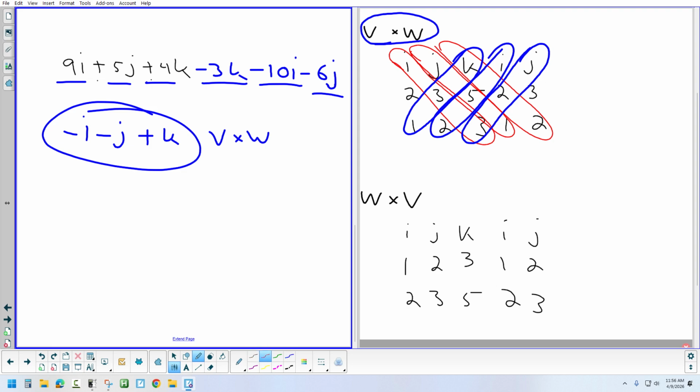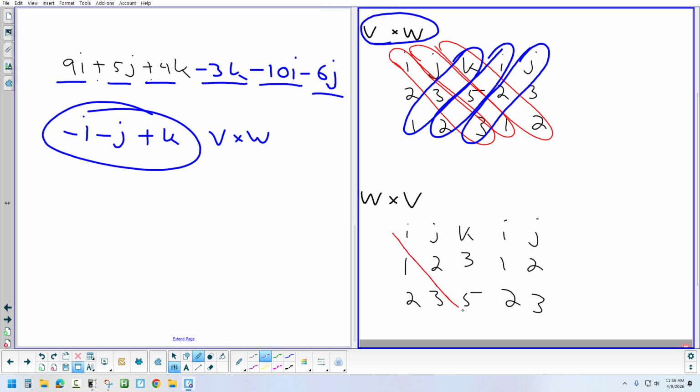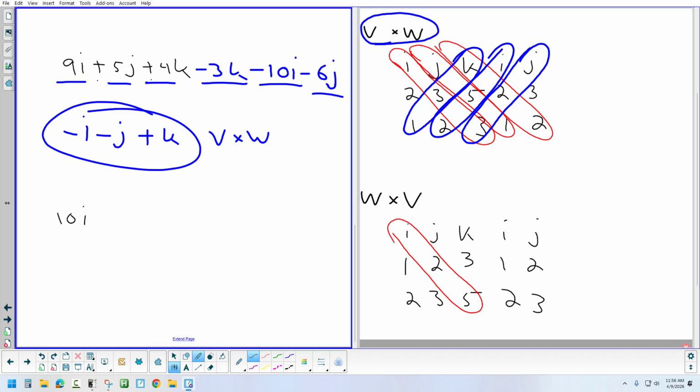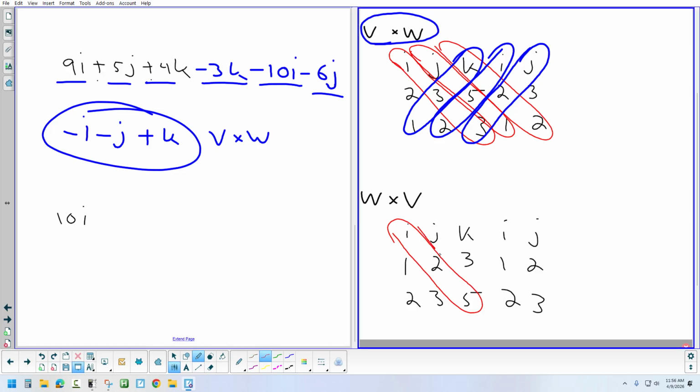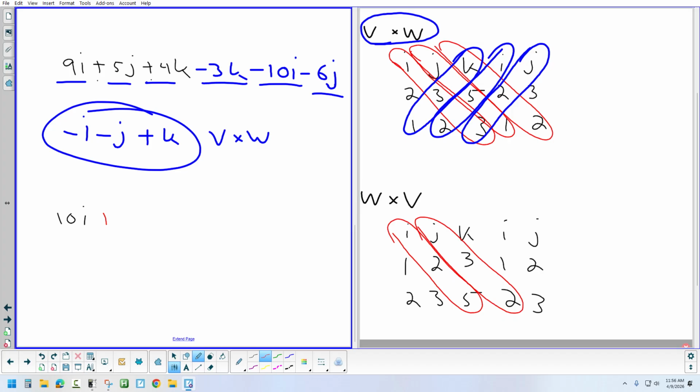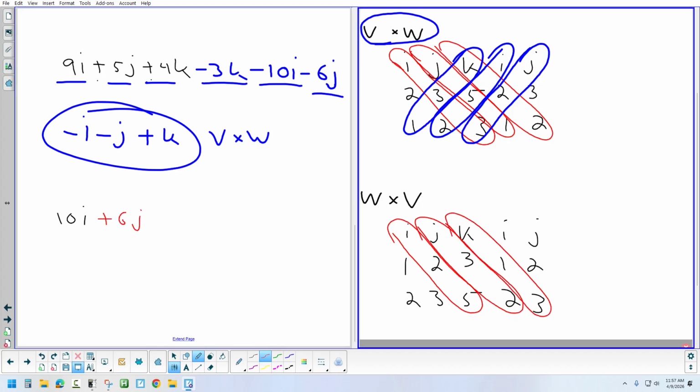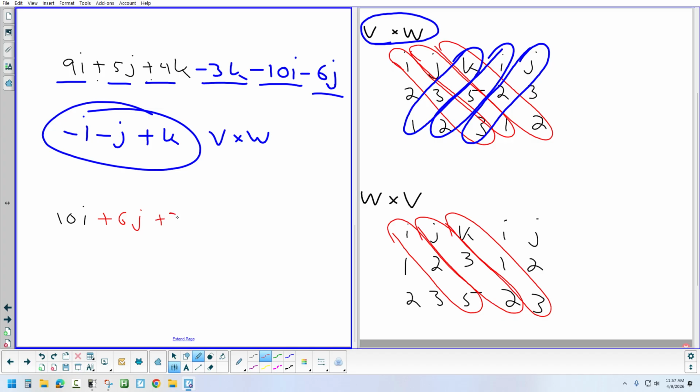Okay, so let's start with down and to the right. I25. So I'm going to write it as 10I. How about J32? 6J. And K13? 3K.